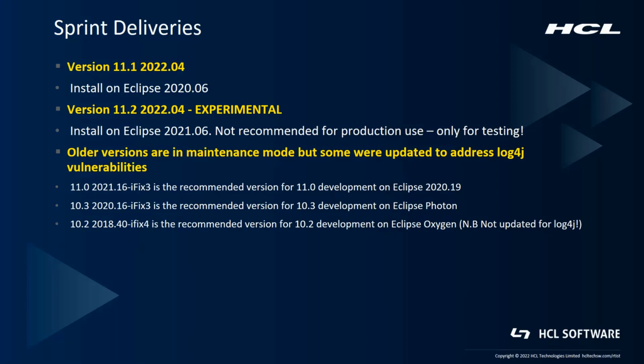And then the older versions you see here in the list, they are in maintenance mode, but we update them when there is something important like vulnerabilities that were found in Log4j. So we went back all the way to 10.3 and updated, but we didn't update 10.2 and older, simply because we think we don't have any users using those old versions. But if we are wrong on that, please let us know.